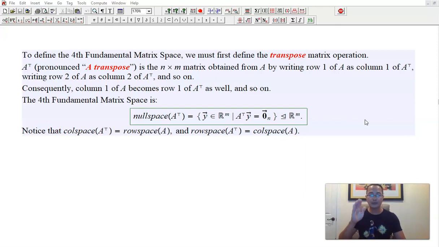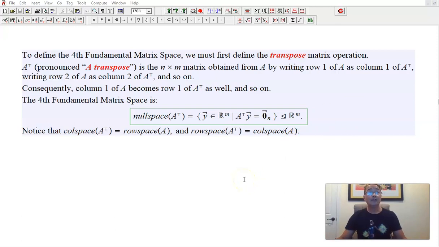I like doing this: take your hand like this. If this is your matrix, you turn it over like this. So instead of going left to right, you go top to bottom in the same order. Here's column 1 at the tip of my fingers. That also becomes row 1 in the transpose. So rows become columns, and columns also turn into rows.